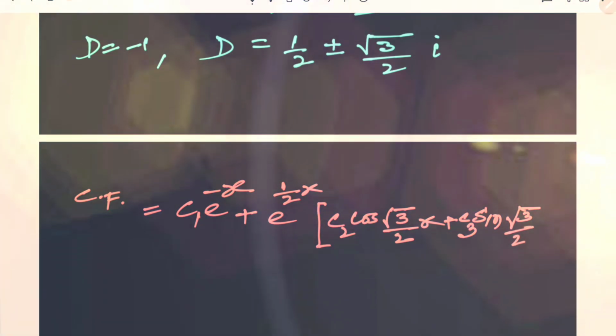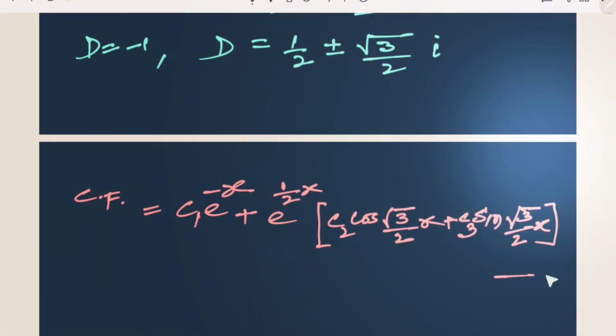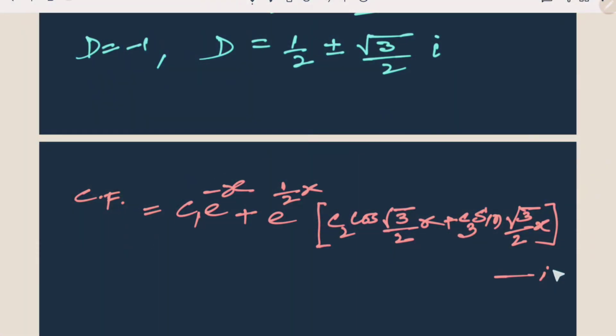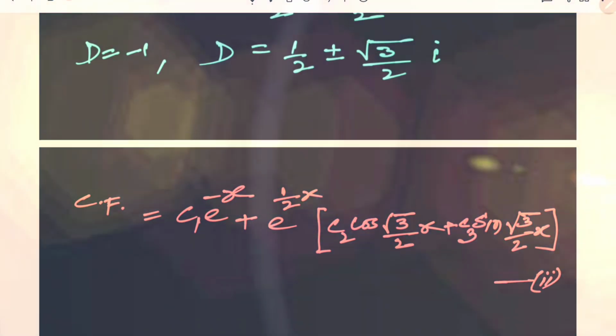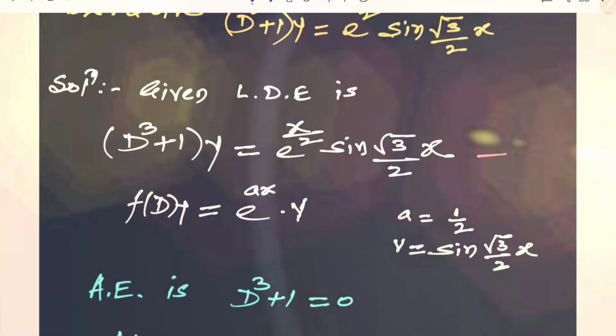We call this equation number 2, the complementary function, with 3 arbitrary constants C1, C2 and C3. And the given equation we call equation number 1.